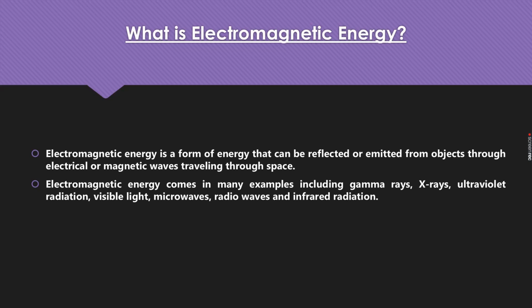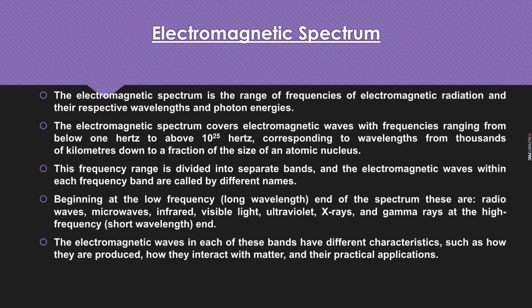There are many examples of electromagnetic energy. Some of them are gamma rays, X-rays, ultraviolet radiation, visible light, microwave, radio waves, and infrared radiations. After learning about electromagnetic energy, we will move on to the electromagnetic spectrum. As it is a very different term, we will try to understand what electromagnetic spectrum means.